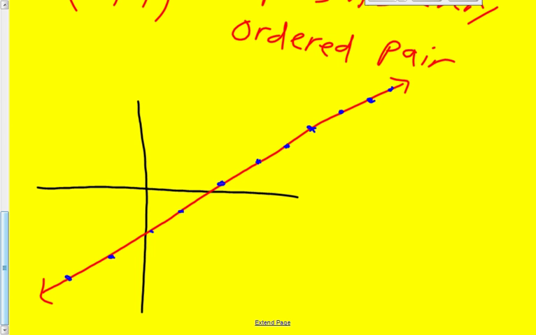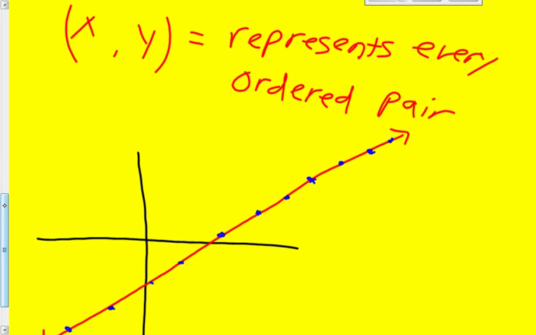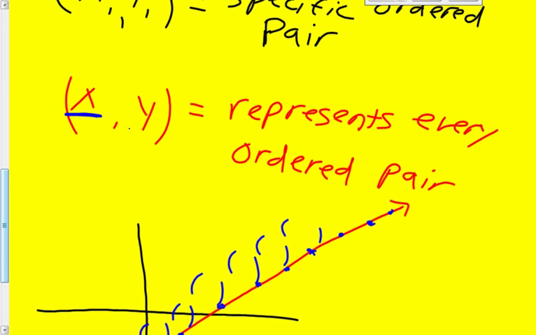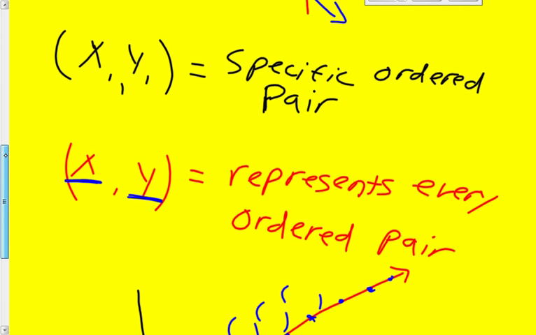However, I can just call all of these x-coordinates and y-coordinates, and I could have an equation that satisfies all of these x and y coordinates, in which case the x and y are going to remain unknown in our equation because they represent every single x and y ordered pair that lies on that line. And once again, there's an infinite number of them. So that's why we leave that unknown in our equation, because there is infinitely many of them.